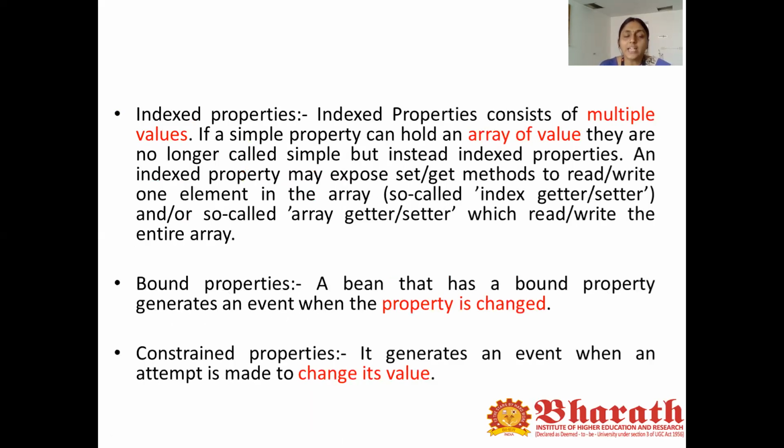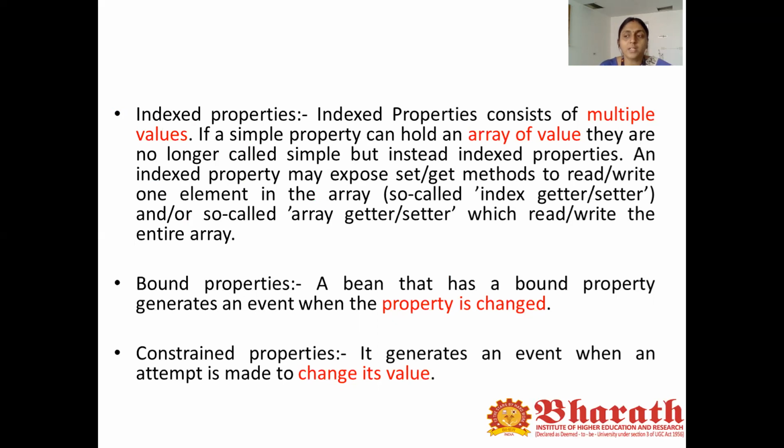And next are indexed properties. The indexed properties consist of multiple values. If a simple property can hold an array of values, it is no longer called simple, but instead an indexed property. So if you have an array of values, then we go for indexed properties.